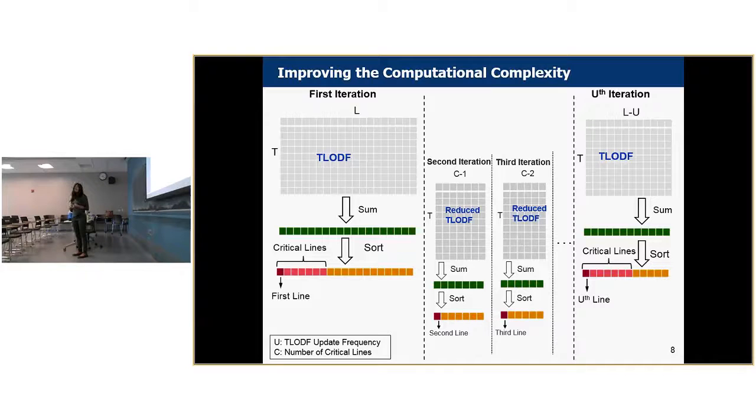One is how many critical lines we want to select, and also after how many iterations it's good to go back and calculate the TLODF matrix. And of course, these parameters will determine the computational complexity of the algorithm. Whenever it is larger, you have better accuracy, but more running time.